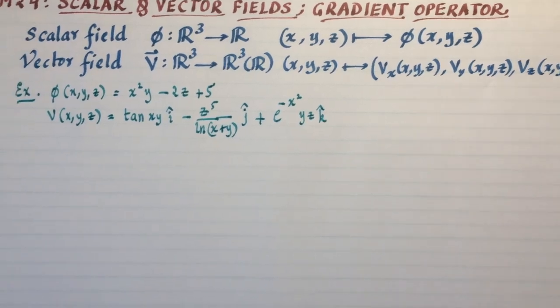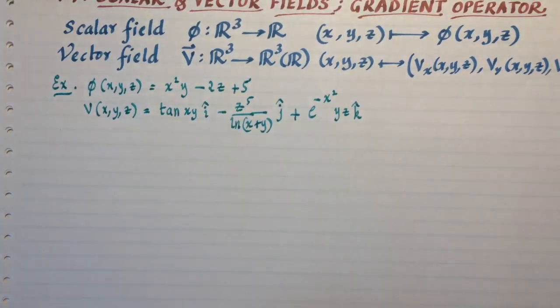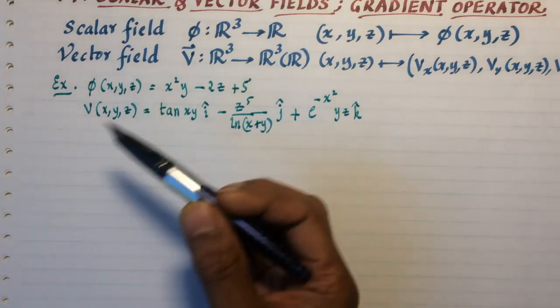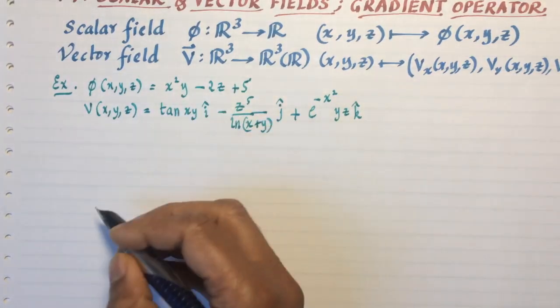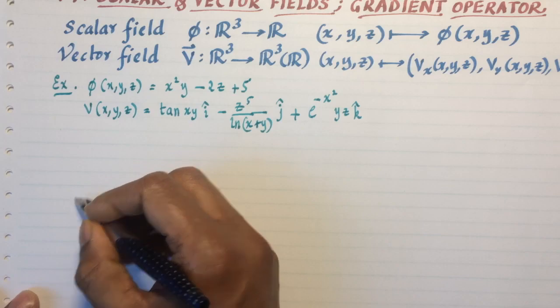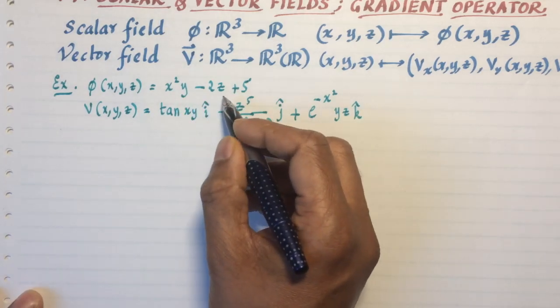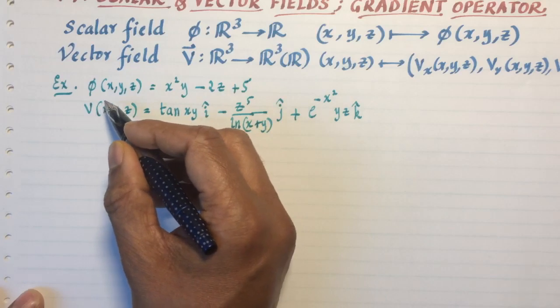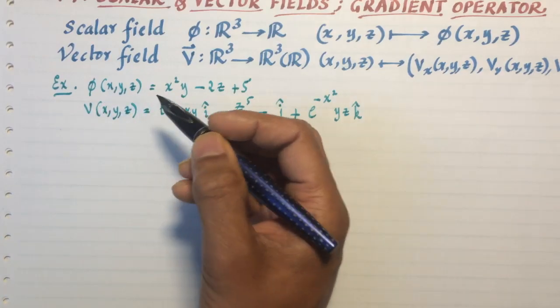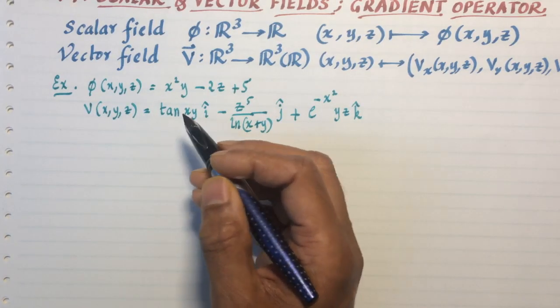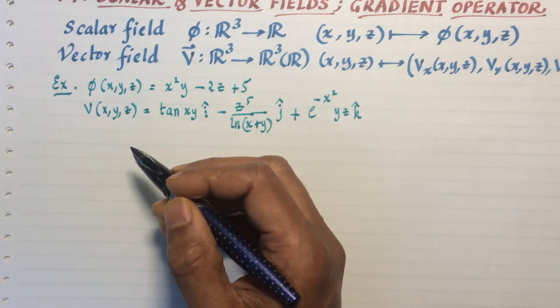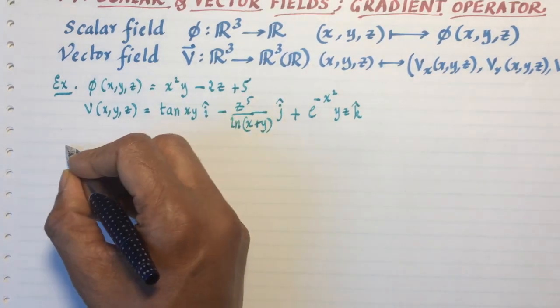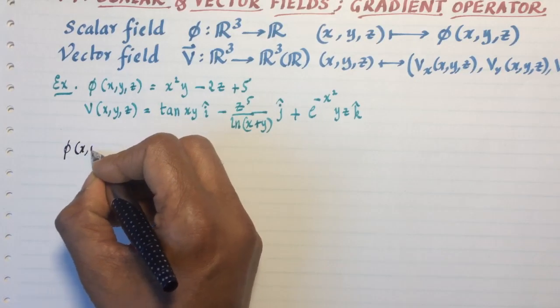Now, what about scalar fields like this? Scalar fields like that have an interesting feature. If you try to plot a scalar field in 3 dimensions, it's actually quite difficult, because you'll need a 4th dimension to show what the value of phi is. So what we're going to do is temporarily restrict ourselves to 2-dimensional scalar fields, something like phi of x, y.